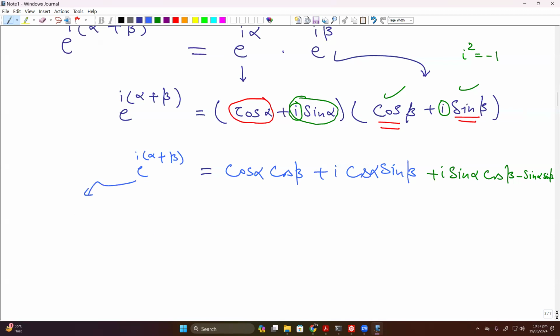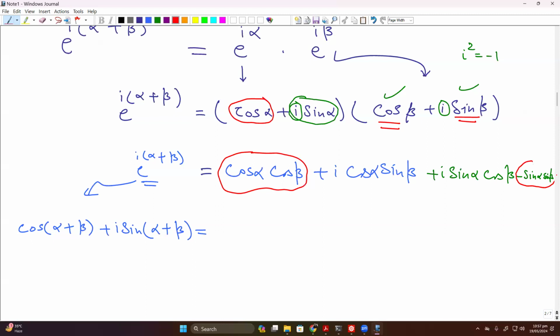Now, let's expand this side and rearrange that side. This side can be expanded using the Euler formula as well. So this will become cos alpha plus beta plus iota sine alpha plus beta. And I can rearrange this side. This term has no iota, and this term has no iota as well. So let's collect these two terms.